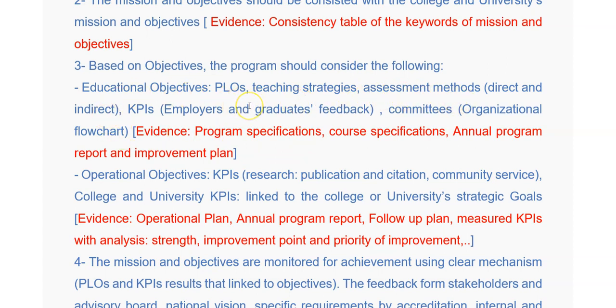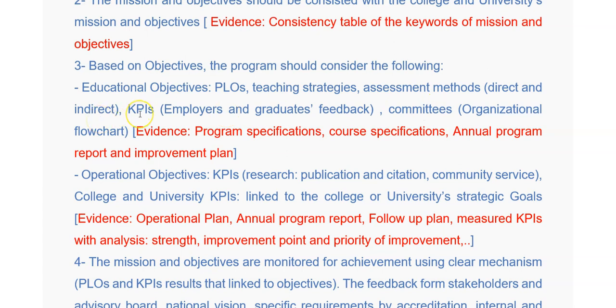Of course, these will be repeated in other standards, but here you have to show that you have educational objectives and they are linked to the program learning outcomes. You have teaching strategies and assessment methods to achieve these educational objectives through measuring the program learning outcomes. You have direct and indirect.